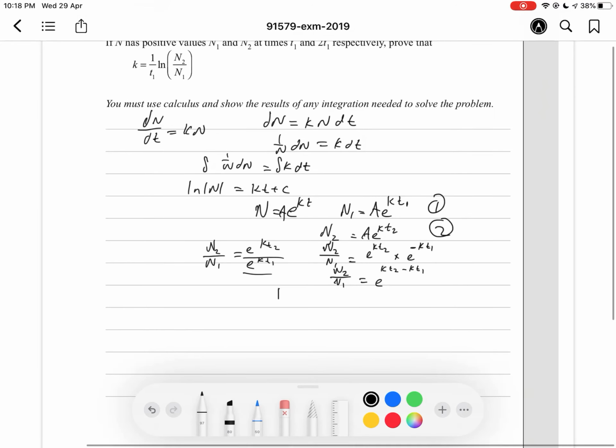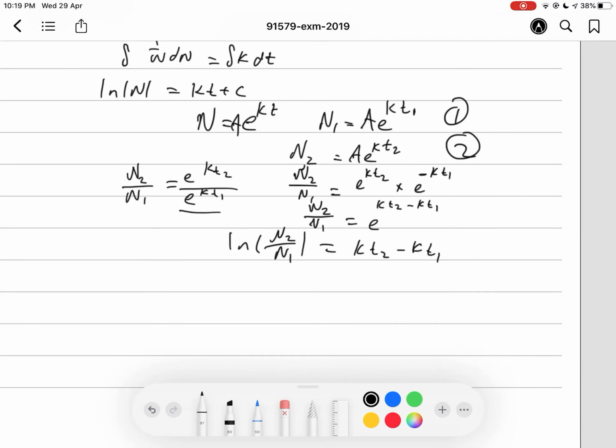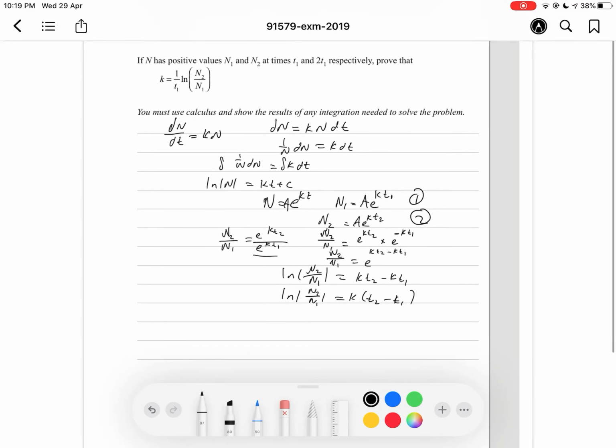Therefore ln of n2 over n1 is equal to kt2 minus kt1. If we take k as a common factor, ln of n2 over n1 is equal to k, take the k out, t2 minus t1.